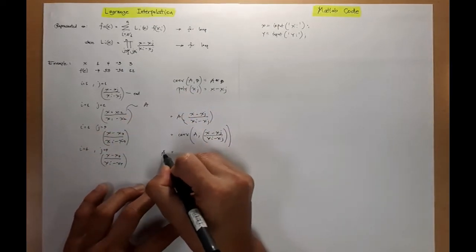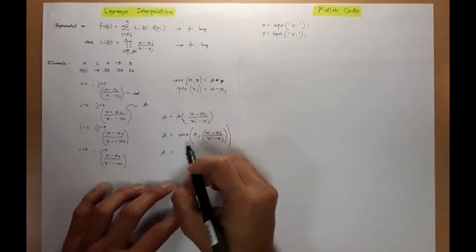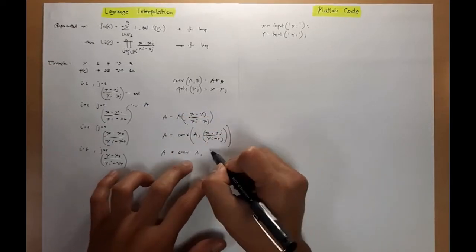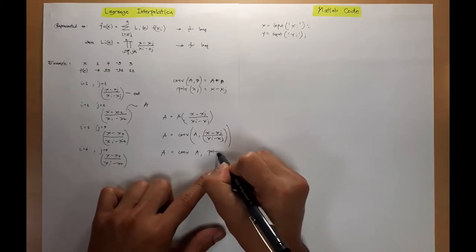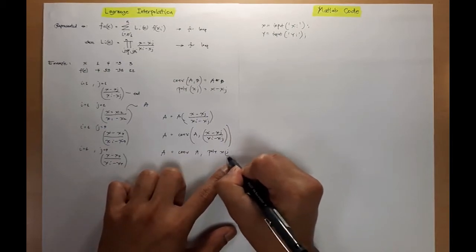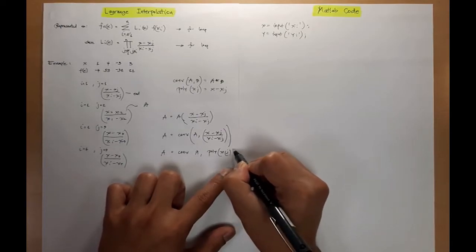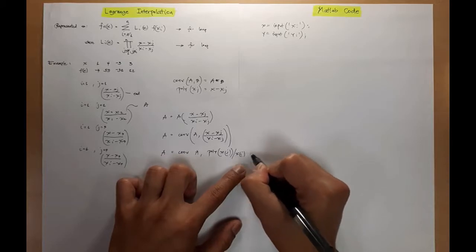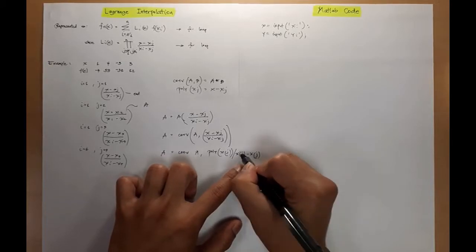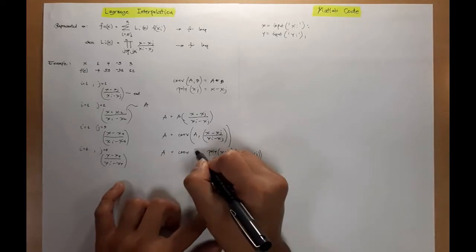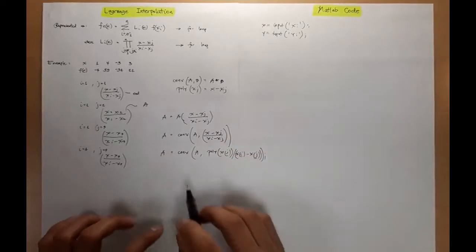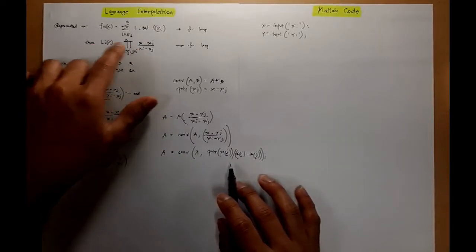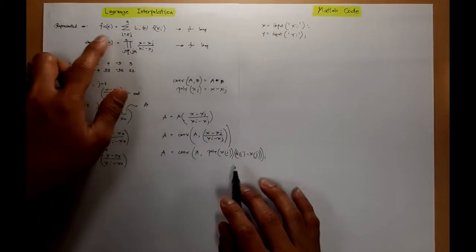That would be a is equal to conv, that is multiplying a with poly xj, all over xi minus xj. This would be our iterative function for the equivalent of the Lagrange term Li of x.